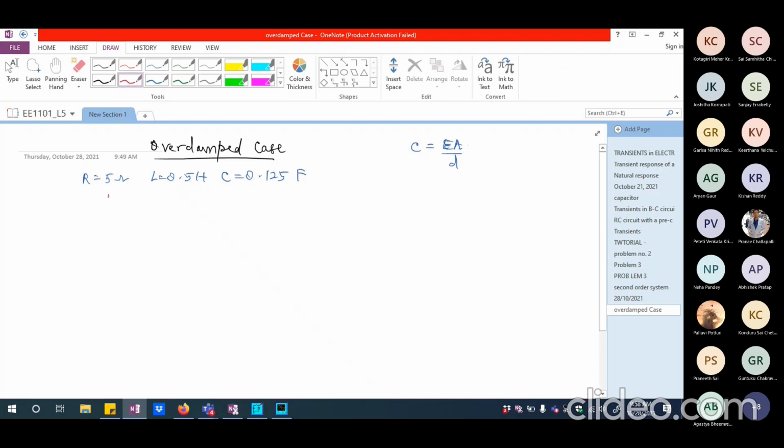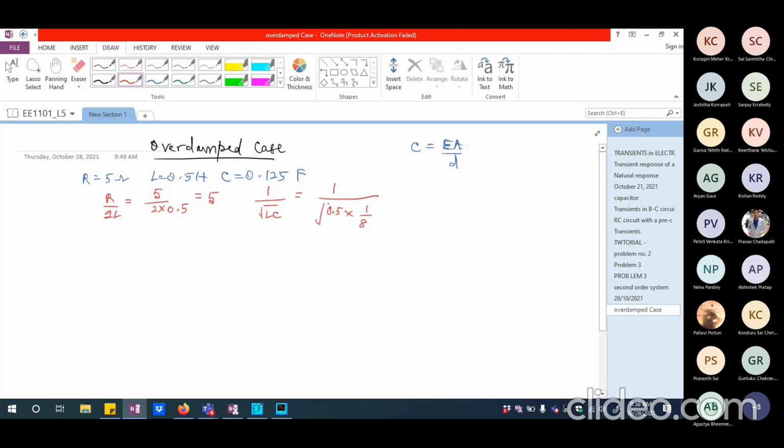Anyway, so R by 2L in this particular case will be 5 divided by 2 multiplied by 0.5, which is going to be 5 itself, right? And 1 by root LC is going to be how much? 1 divided by root LC is 0.5 multiplied by 0.125, which is 1 by 8, right?